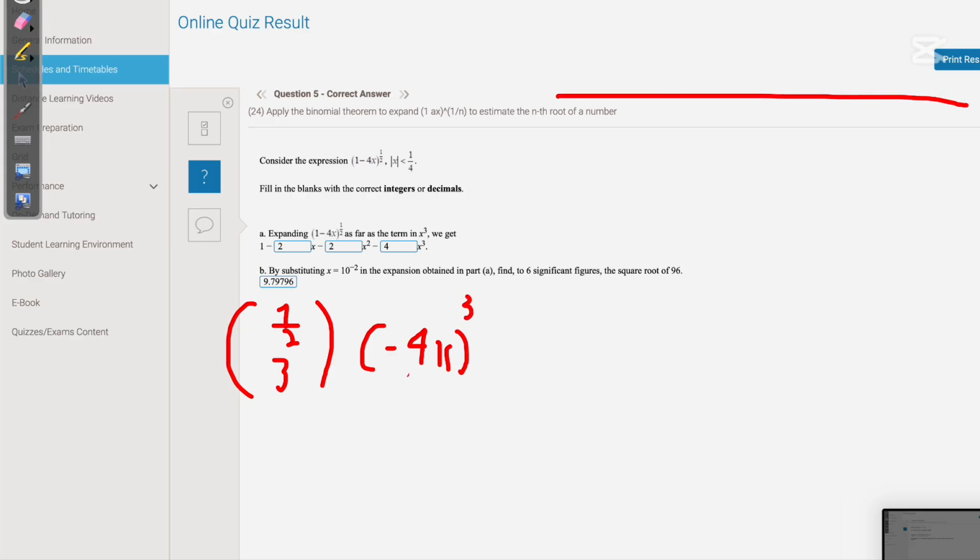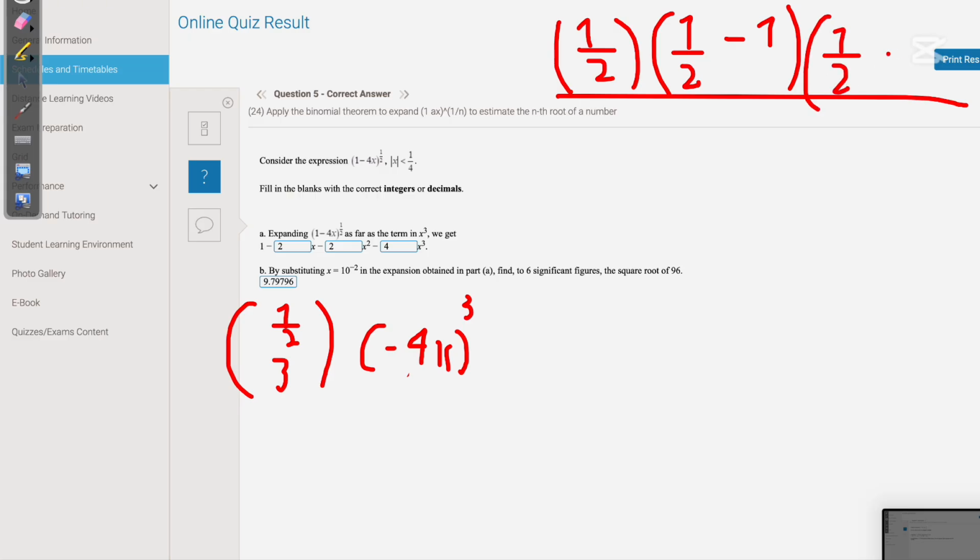And then we're gonna make this fraction, so 1 over 2 times 1 over 2 minus 1 over 1, times 1 over 2 minus 2, all of that over 3 factorial, which is 6.